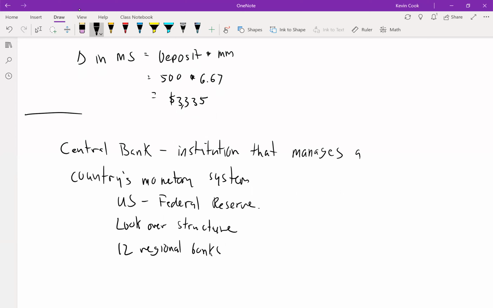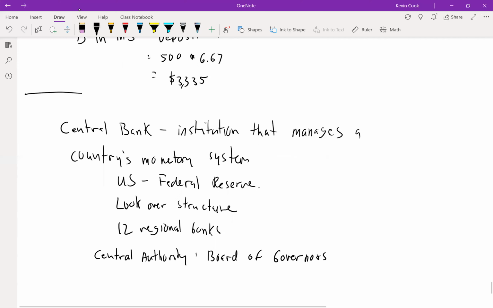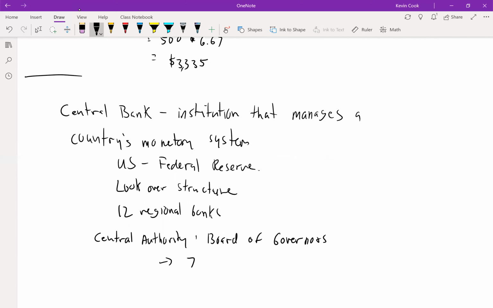Its central authority is called the Board of Governors, and the Board of Governors is going to have 7 members, including the chairman, the chair.